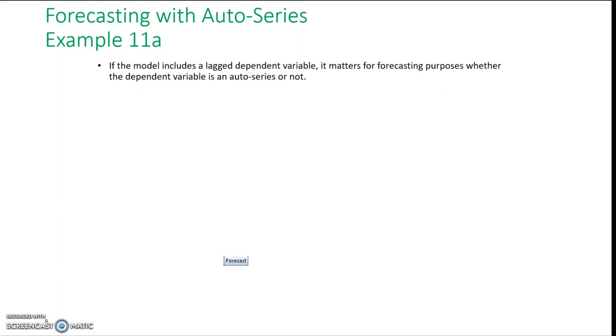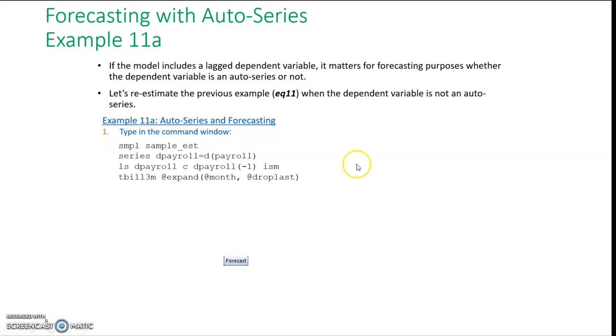If the model includes a lagged dependent variable, it matters for forecasting purposes whether the dependent variable is an auto series or not. Let us re-estimate the previous equation when the dependent variable is not an auto series. In this case, let me generate a series D payroll, which is the first difference of the payroll, and then I will regress.